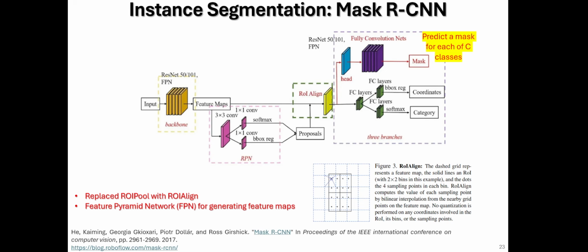So let me quickly recap the architecture here. You have the input, then it will be processed through a classical ResNet encoder or any encoder of your choice. So you have the feature map. This will be some convolutional feature maps, and those feature maps will be used to propose the regions, right?